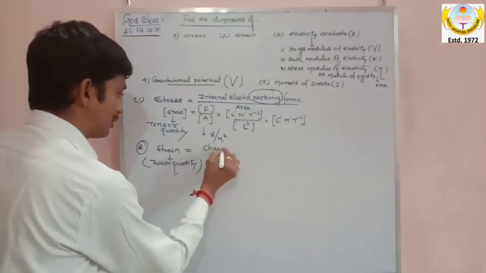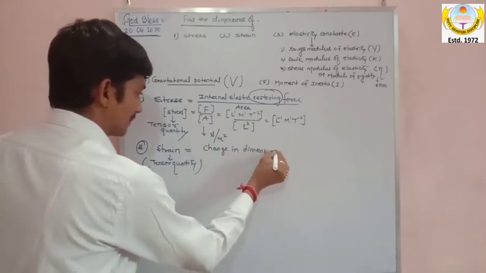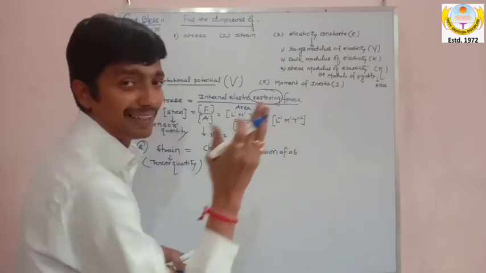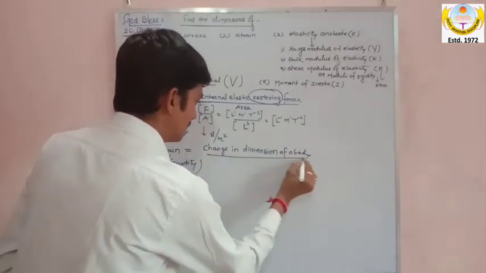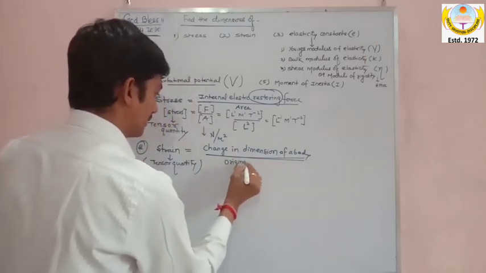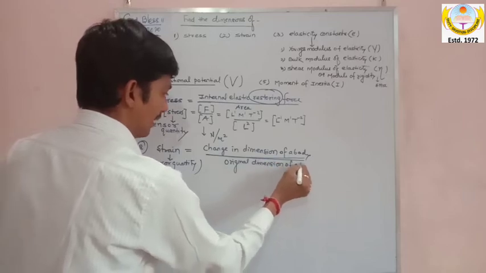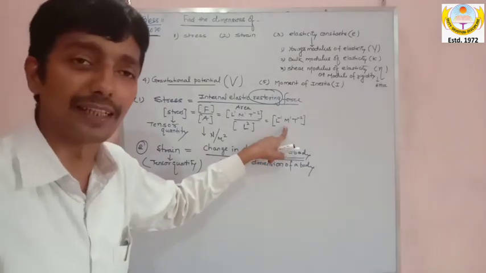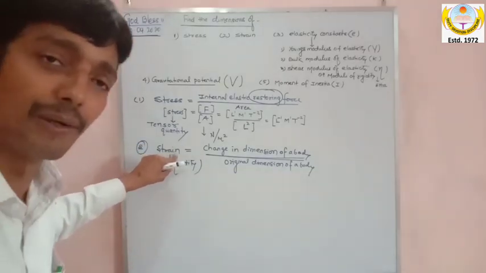Strain is change in dimension of a body, not dimension of physical quantity, please understand, of a body, divided by the original dimension of the body. So please don't confuse this dimension with the dimension of physical quantity. Here I am talking about one single quantity, strain, which is related to elasticity.